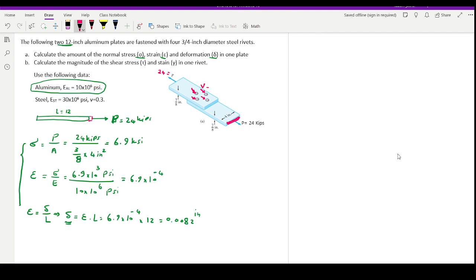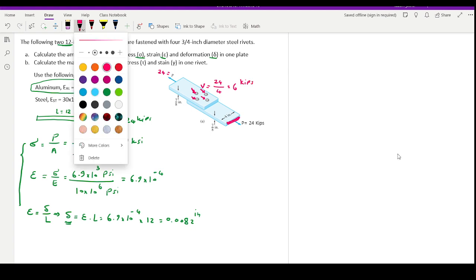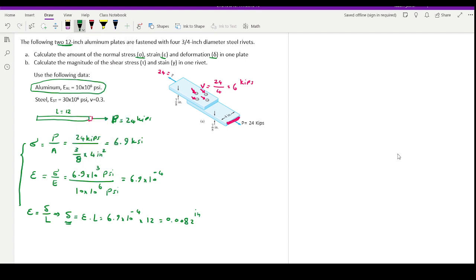Therefore, V at each rivet is going to be 24 divided by 4, and that's equal to 6 kips.